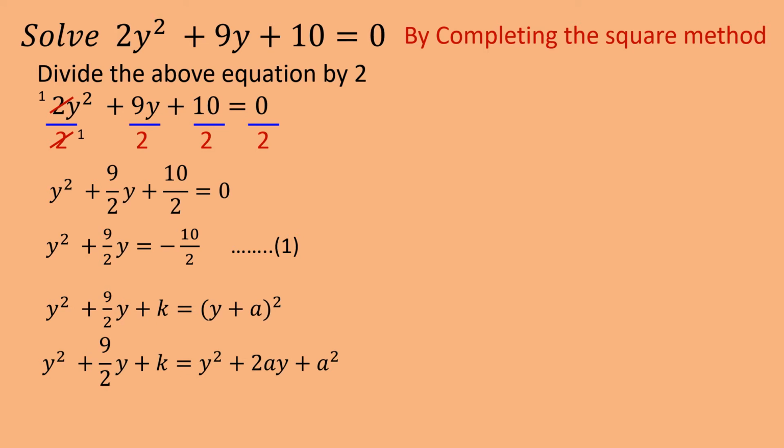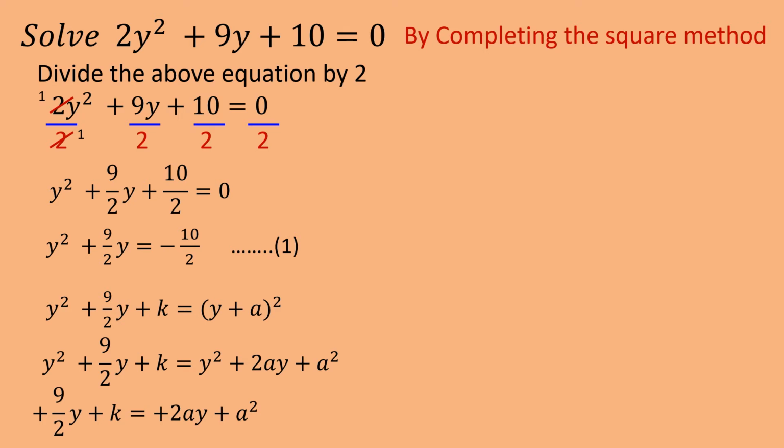Now let's simplify. So when we simplify, we get y plus a whole square as y square plus 2ay plus a square. Now both sides y square is there. We can cancel that. See here. So what we get? 9 upon 2y plus k equals to 2ay plus a square.